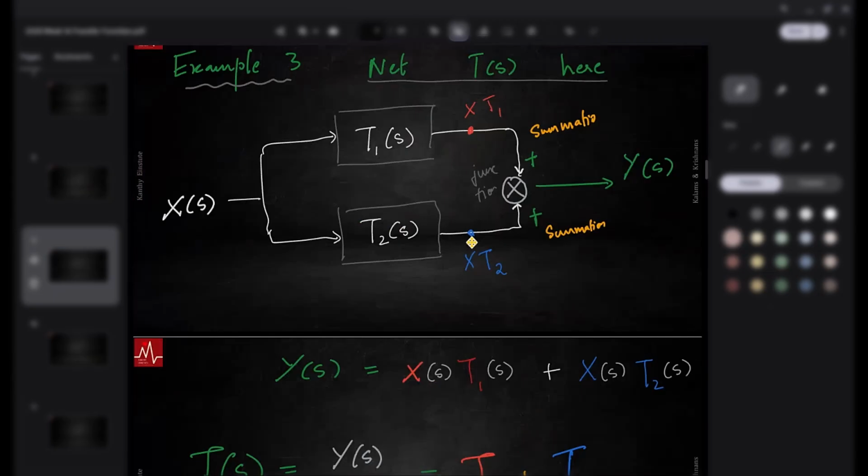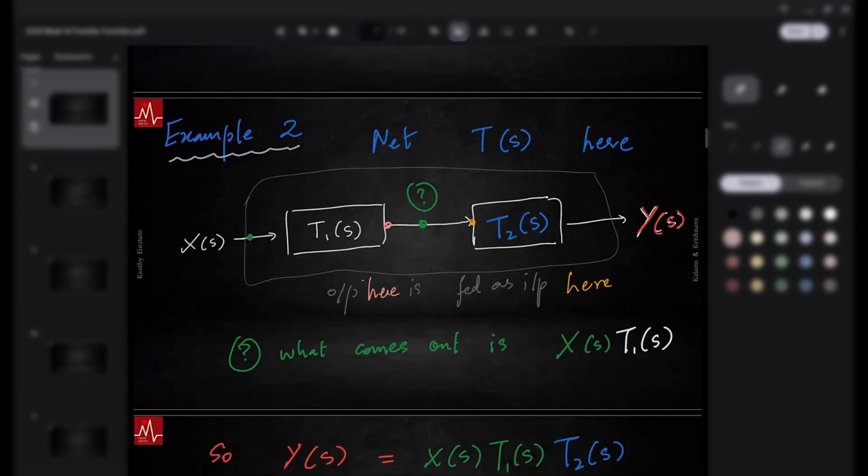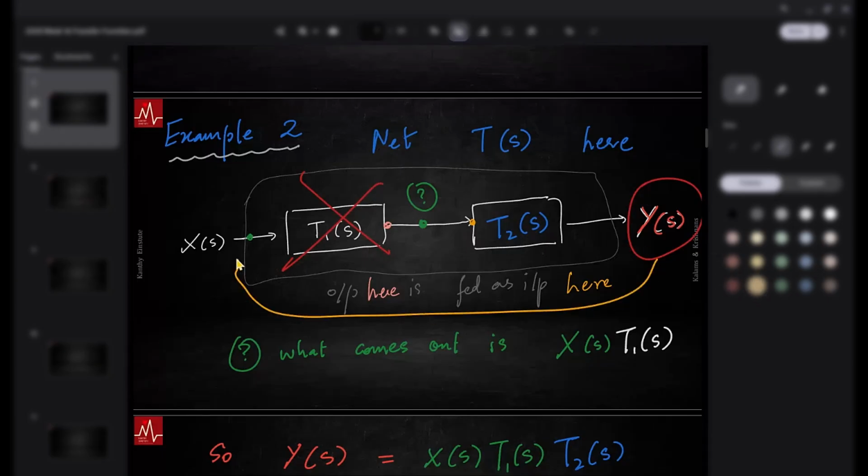Closed loop transfer function. Now we'll put things in a feedback loop. Notice, for example, I forget to share the screen. You don't see the screen. Now I keep on talking, and unless you tell me screen share is not working, I get no feedback.